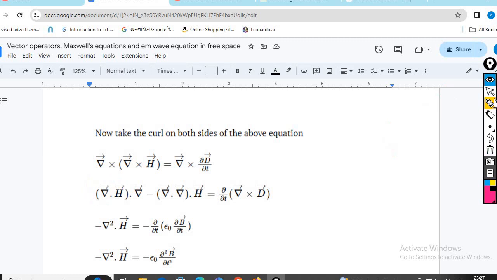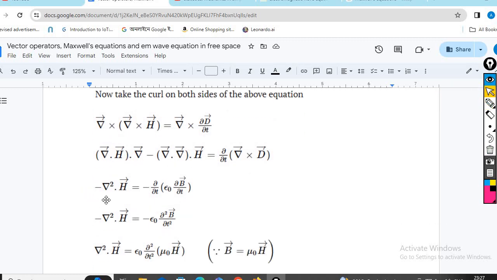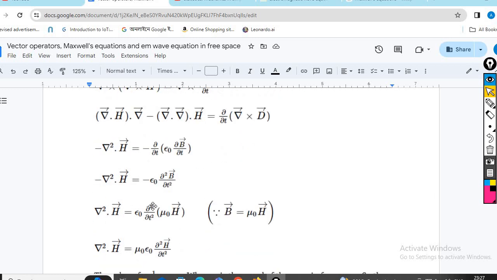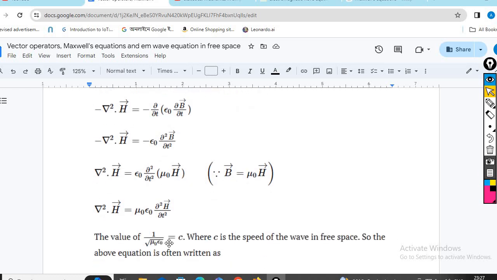On the left hand side you have minus del square H, and on the right hand side you have minus second order magnetic field variation. B can be written as mu 0 H. So again you have a second order magnetic field variation equal to the second order time variation. Again you have an expression like this, and you will be able to calculate the velocity of the system.